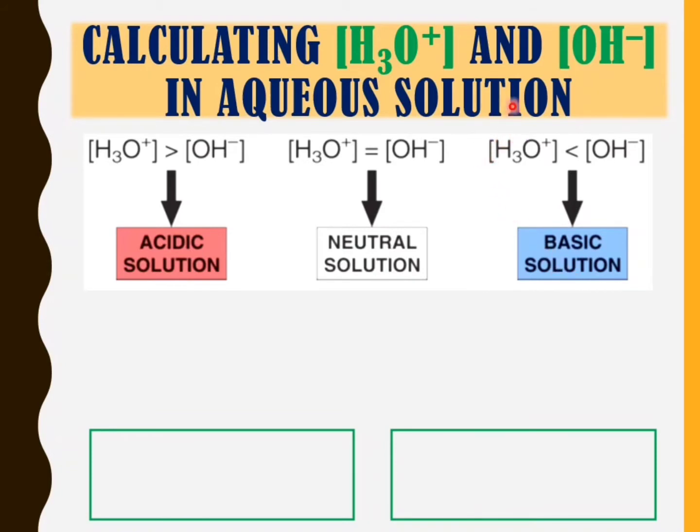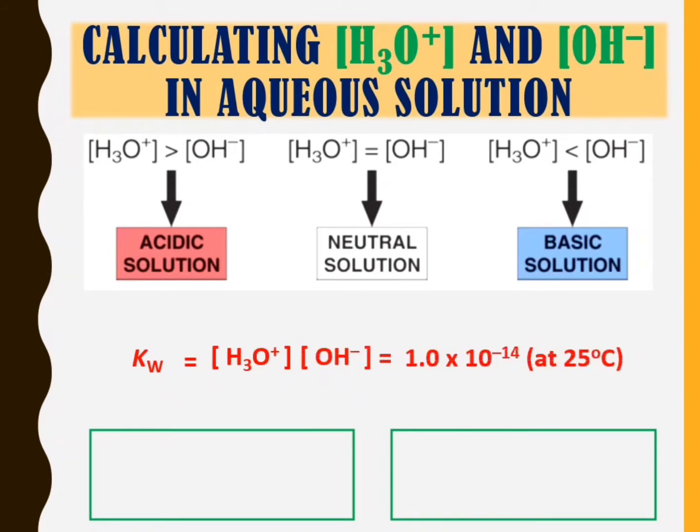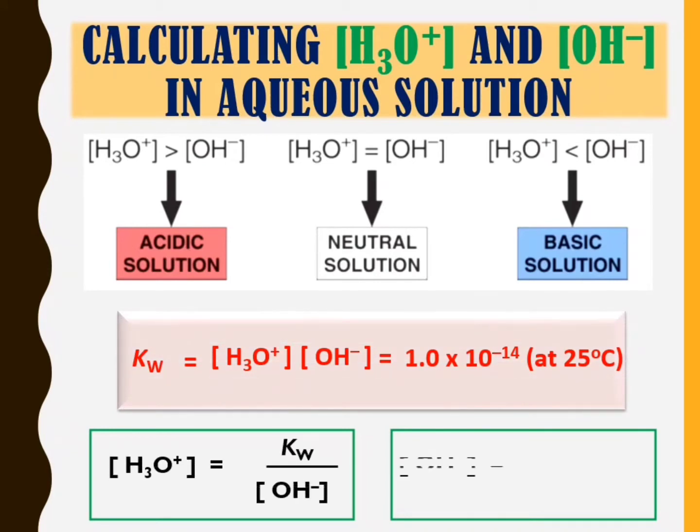So this concentration OH minus and H3O plus you can calculate by using formula Kw. Okay, sebab Kw nilai dia adalah constant, 1.0 darab 10 kuasa negatif 14. So kalau awak nak kira concentration H3O plus dengan concentration OH minus, boleh directly use this formula.